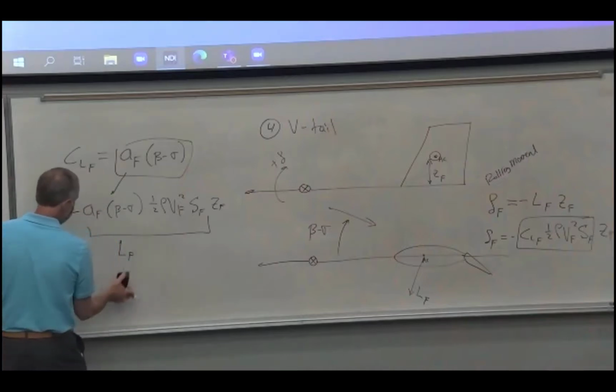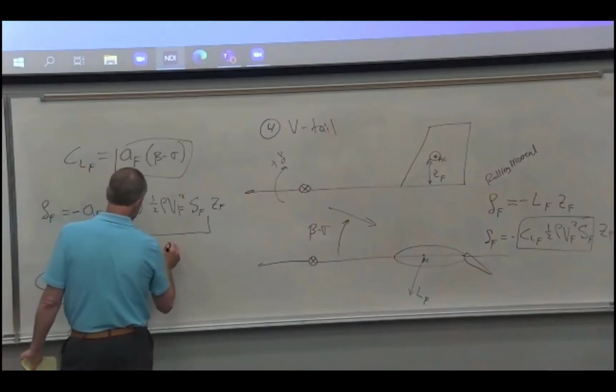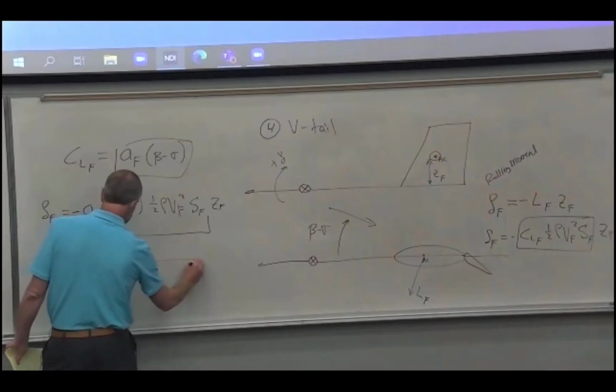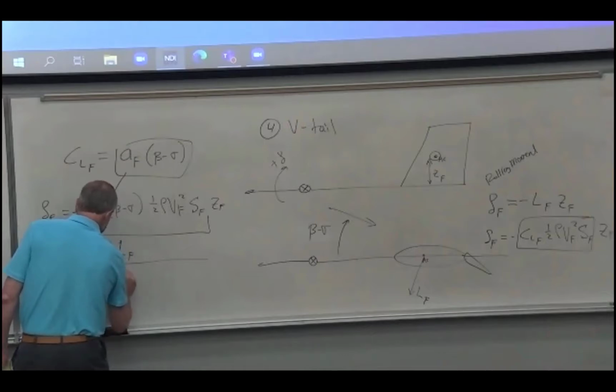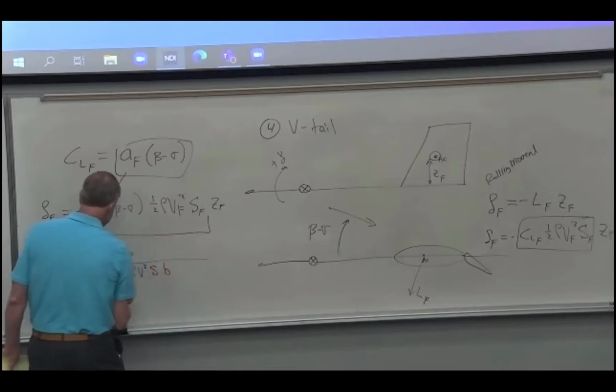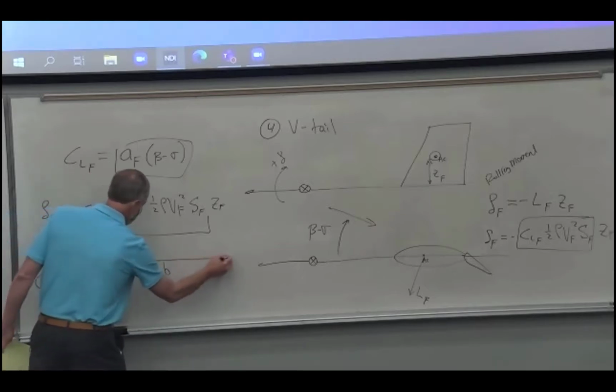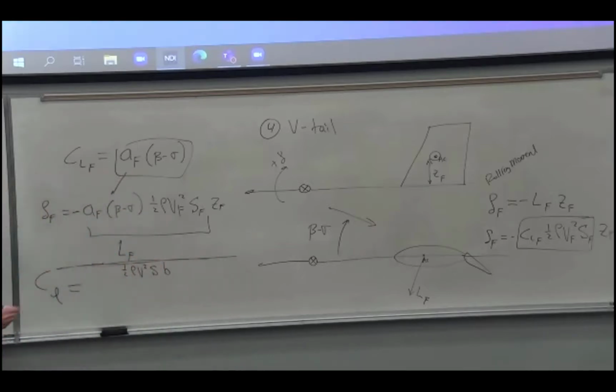Could I do this all in one step? We're dividing by 1/2 rho V squared S B. Does that make sense? Is this too confusing? We're just going to divide that whole equation by that, right?